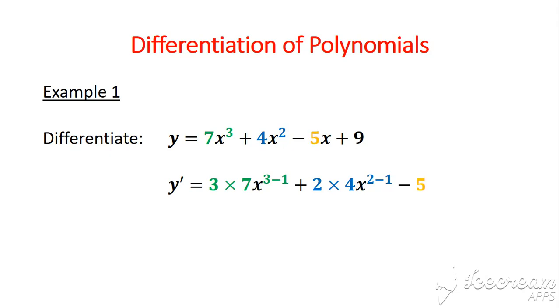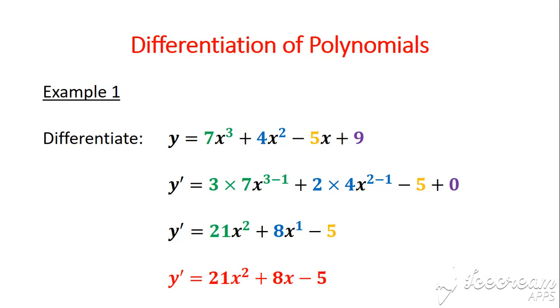Now this minus 5x will differentiate to minus 5. The x disappears, and this plus 9 differentiates to 0. So when we tidy it up, we get y dash is equal to 21x squared plus 8x to the power of 1 minus 5, but we don't need to write a power of 1, so we'll write it as 21x squared plus 8x minus 5.